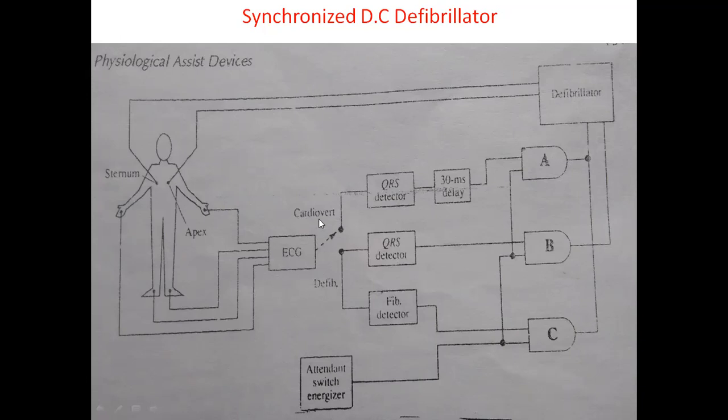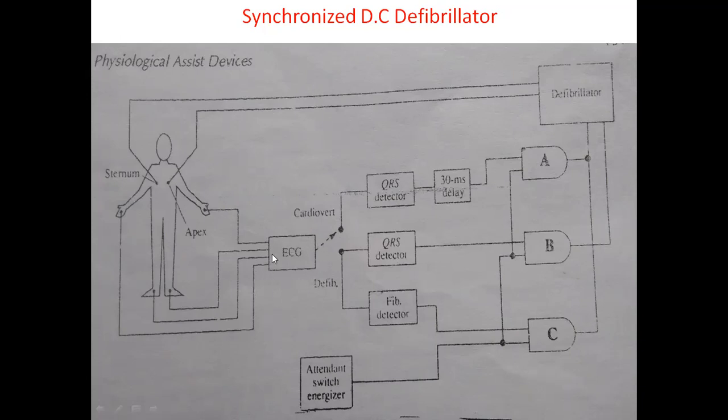If there are any changes in the ECG waveform, we can apply the defibrillator to the patient accordingly. The application depends upon the logic provided to the defibrillator, so based upon this logic it applies the defibrillation signal to the patient, depending on the ECG waveform.